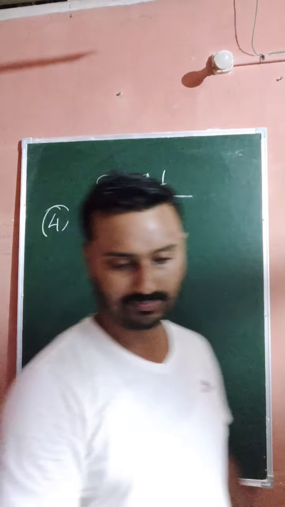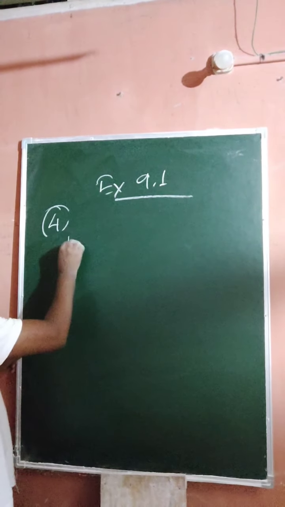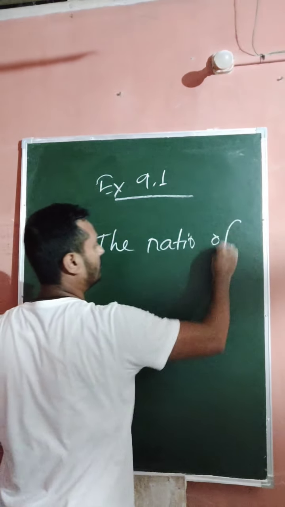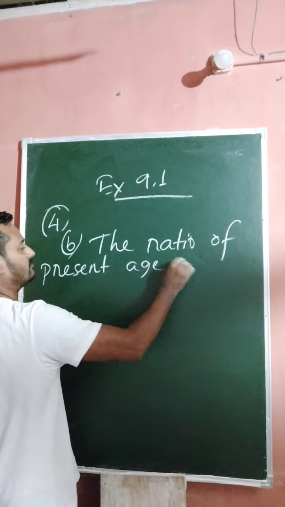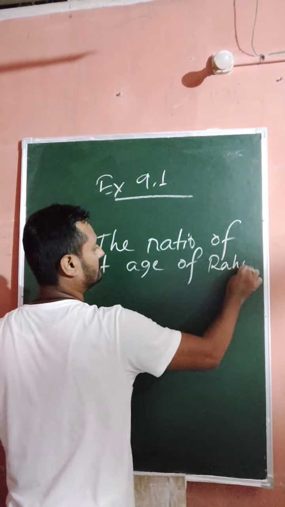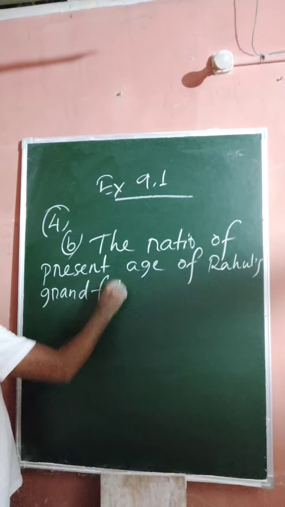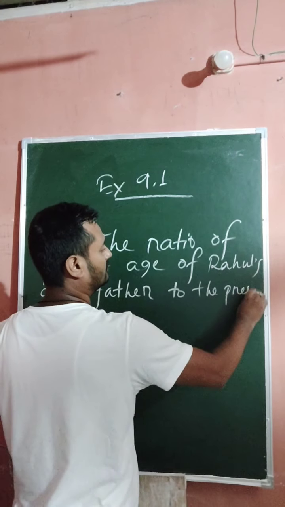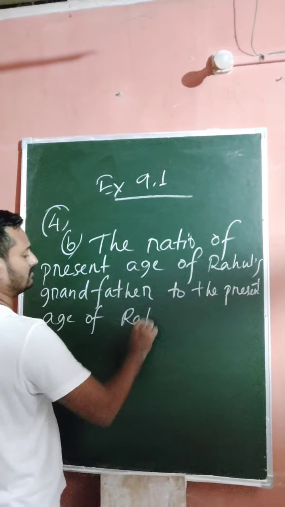So what is question B? You have to find the ratio of the present age of Rahul's grandfather to the present age of Rahul. So question B, the ratio of the present age of Rahul's grandfather to the present age of Rahul.